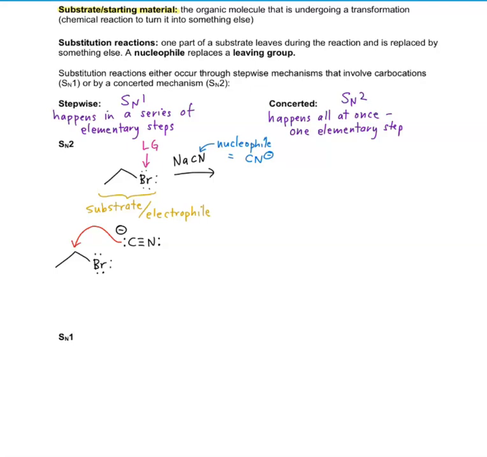That shows that the carbon in the cyanide ion is forming a bond to the carbon that has the bromine attached to it, at which point something has to leave, because that carbon that has the bromine on it cannot end up attached to 5 different things. So the bromine has to leave. We have to have a leaving group. So that's an SN2 reaction and results in this product. The bromine, which was the leaving group, now exists outside of the substrate as a bromide ion.